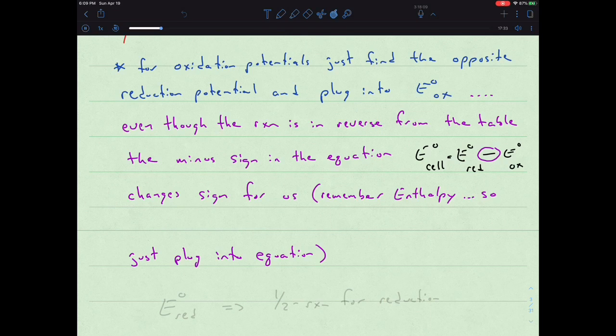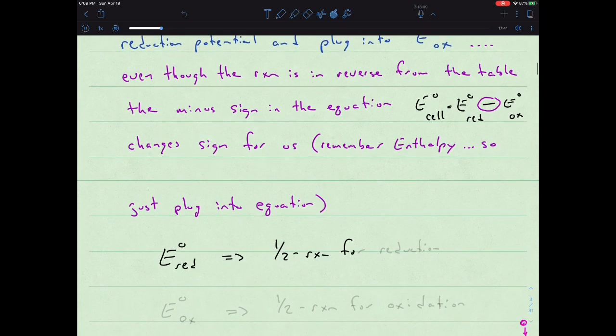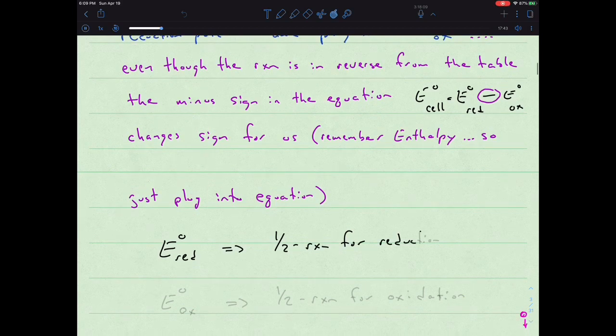We can get our reduction potential from the half reaction for reduction, and then we can get our potential for oxidation once we understand the half reaction for oxidation.